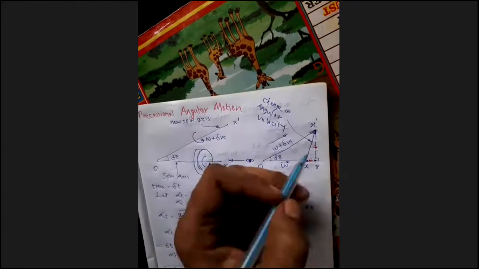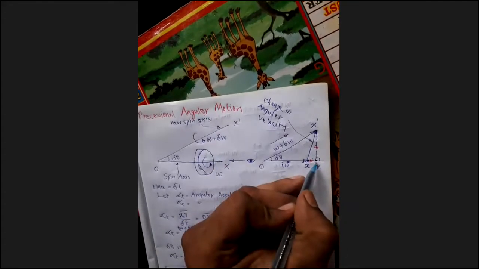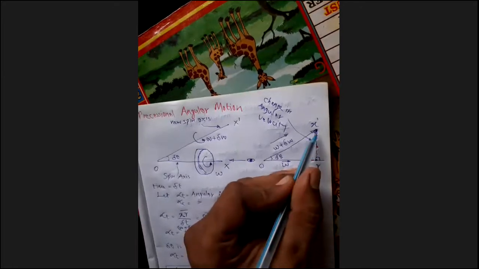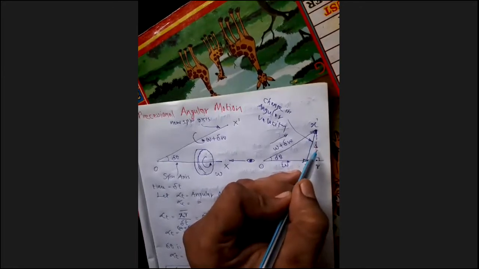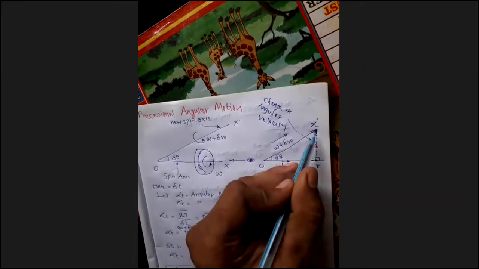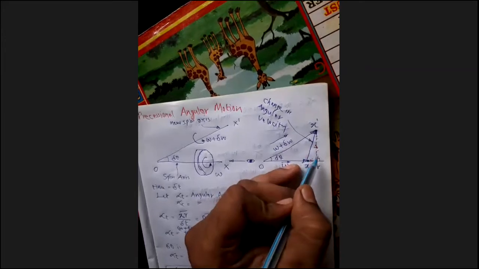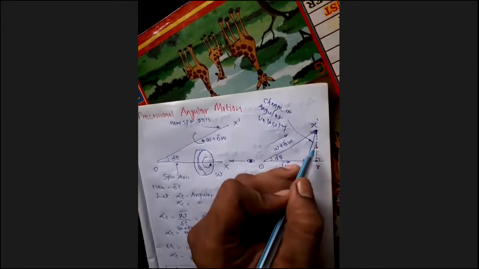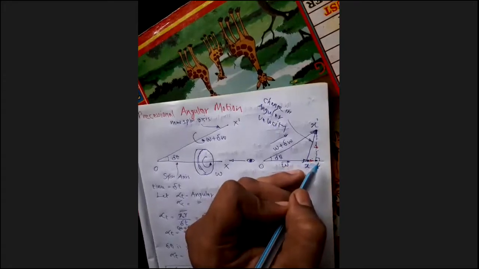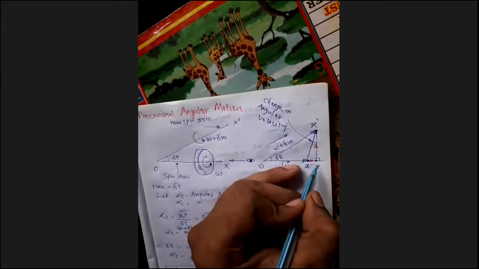If there is an angular gyroscopic acceleration in this direction acting on the disk, that means there is a couple acting on this disk in this direction. This couple, which produces the gyroscopic acceleration alpha c, is called the gyroscopic couple.